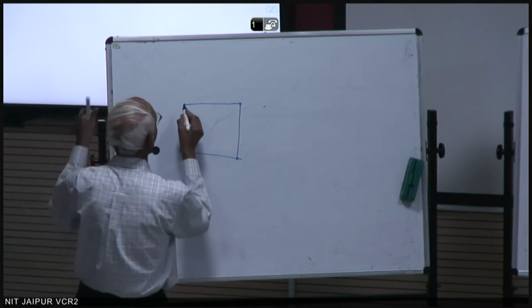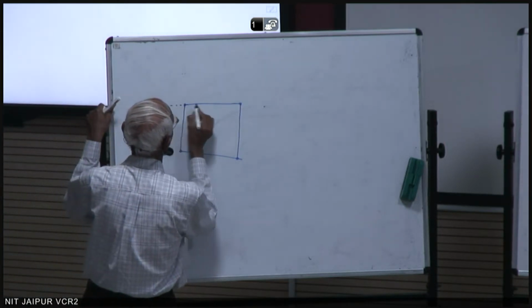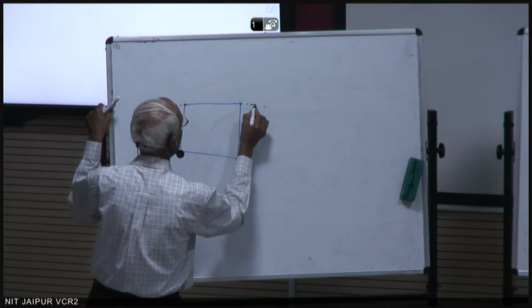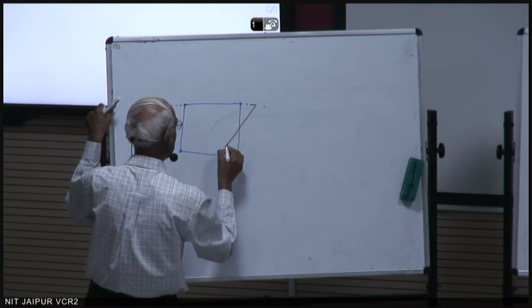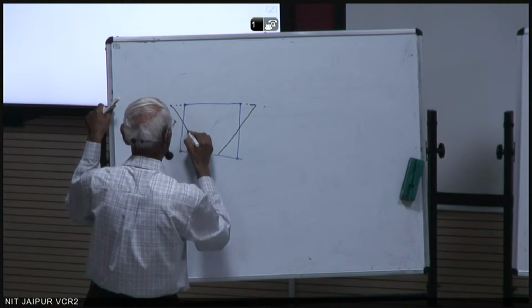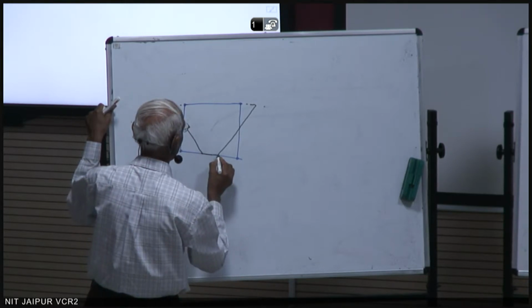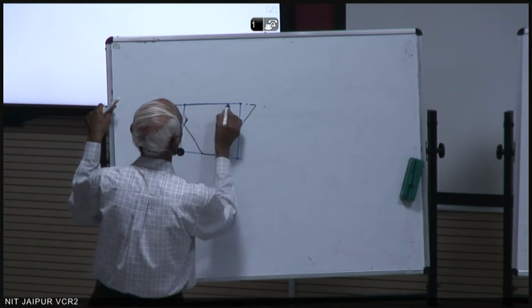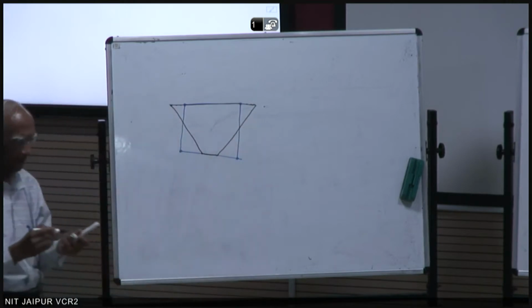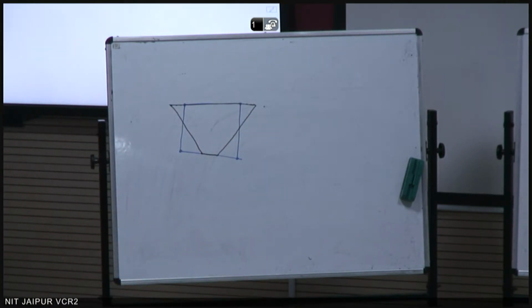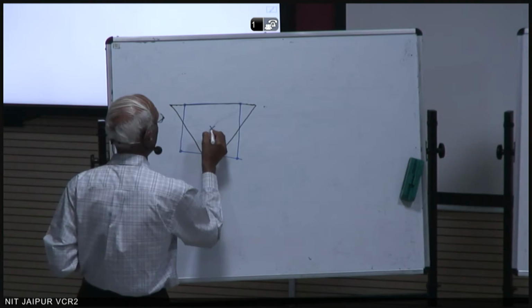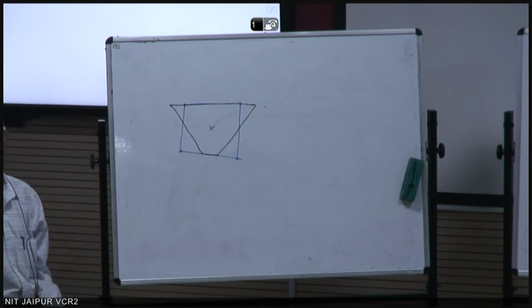So if it deforms like this, the dark color is the deformed state, the blue color is the undeformed state. So what is the strain here at the centroid?